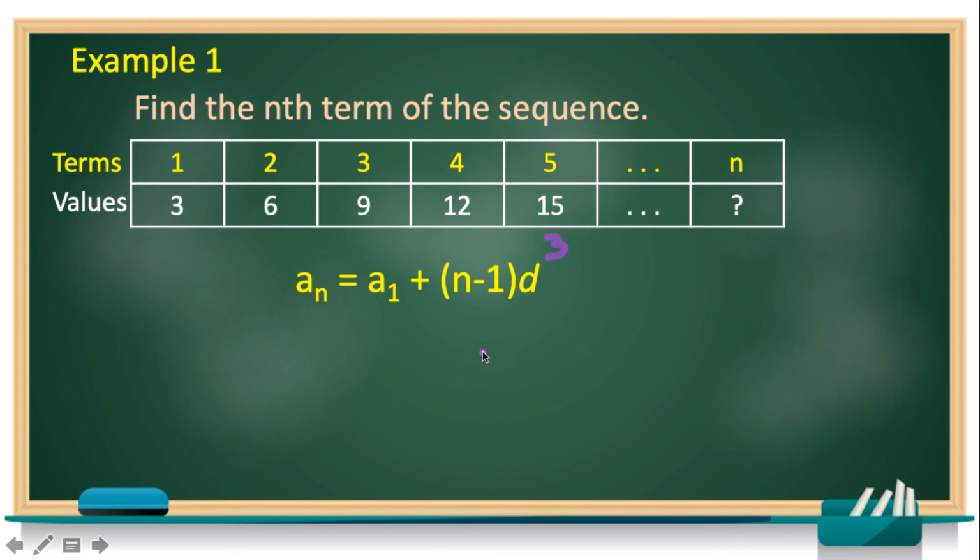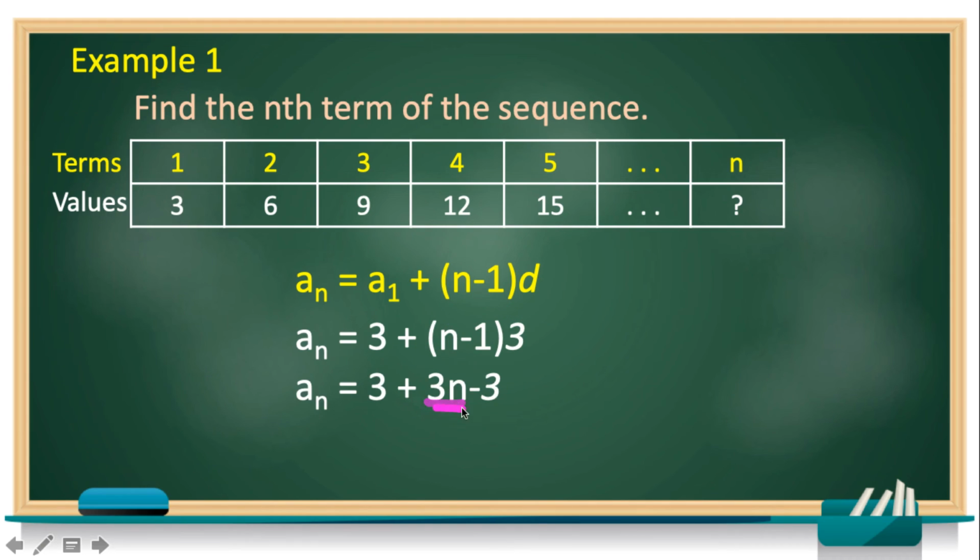So let's substitute those. So we have a sub n is equal to 3 plus the product of n minus 1 and 3. This time, let us multiply 3 to n minus 1. So 3 times n is equal to 3n.